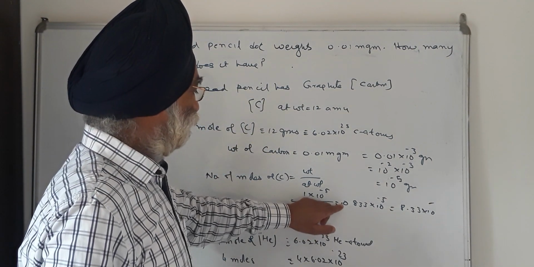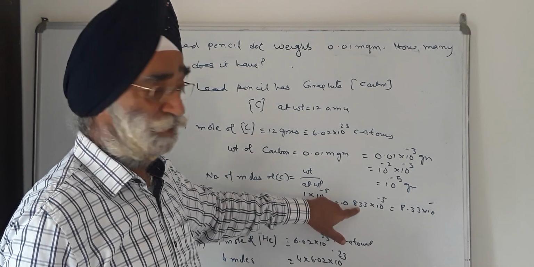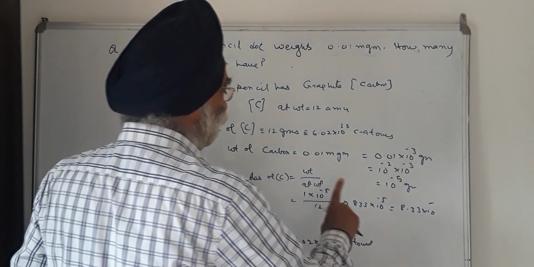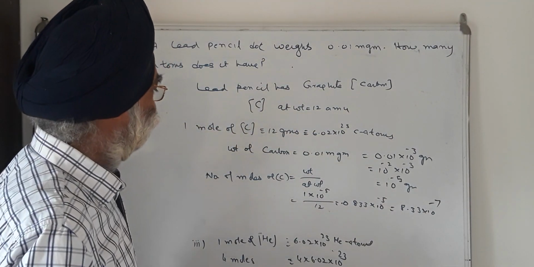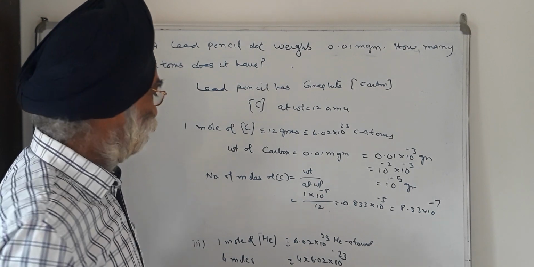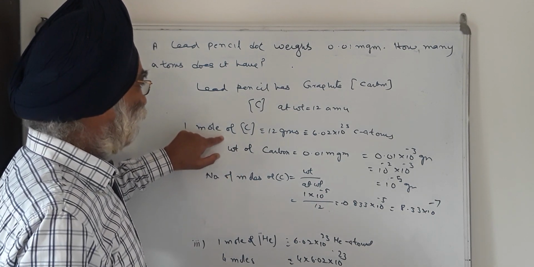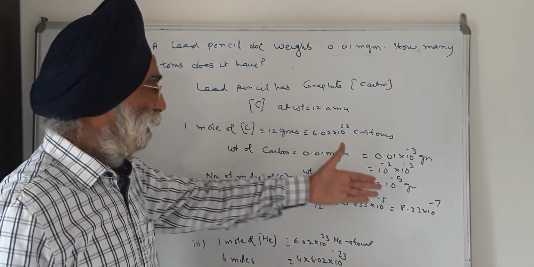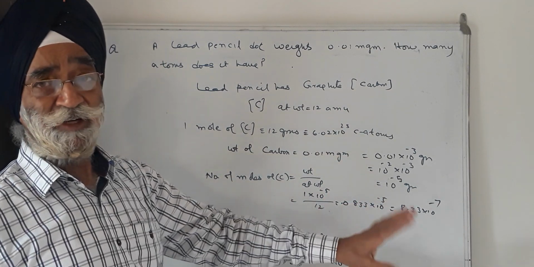We have shifted this decimal 2 places forward, so the power will decrease by 2. It becomes 10 raised to the power minus 7. This is the number of moles. Question is solved. 1 mole of carbon has this number of atoms, and these moles. Simple multiplication and we got here.